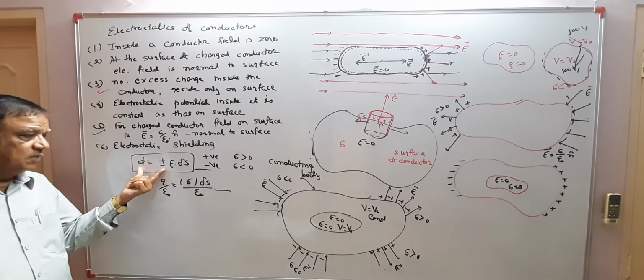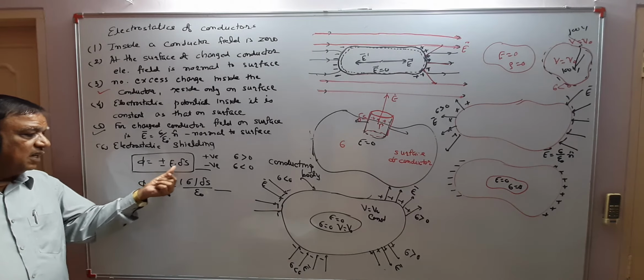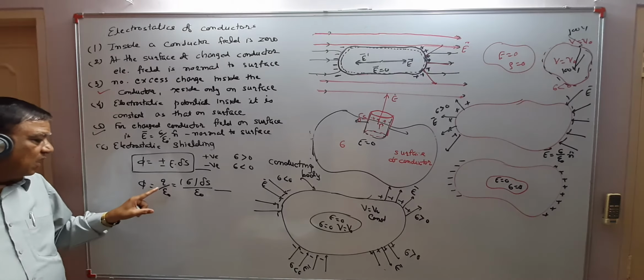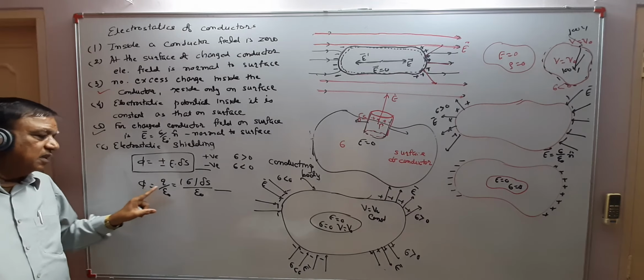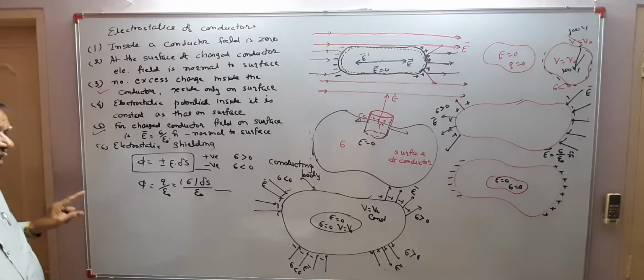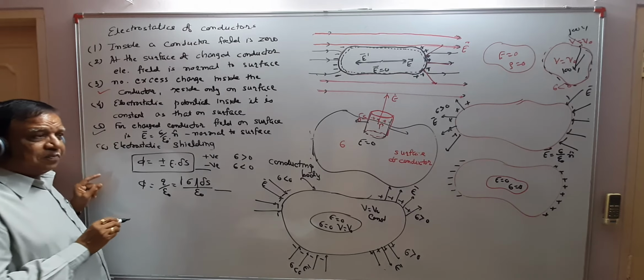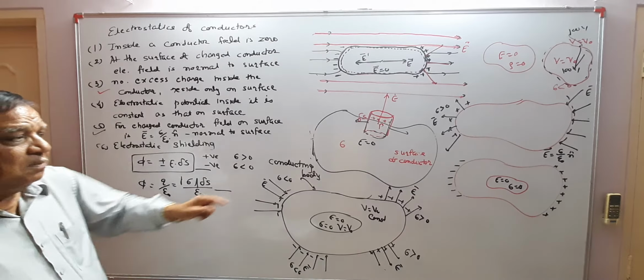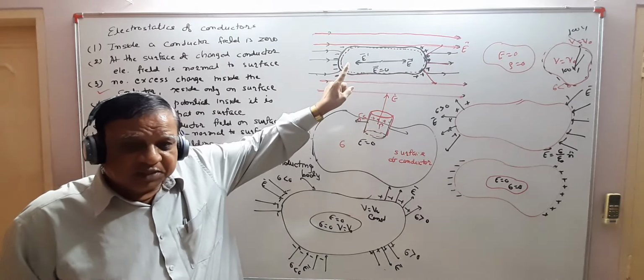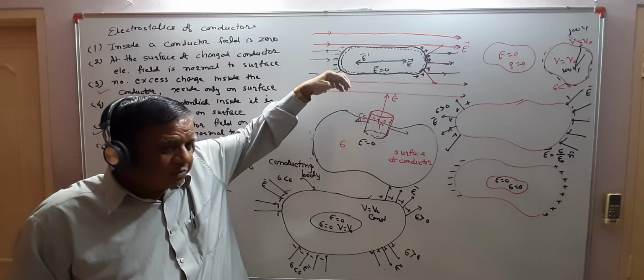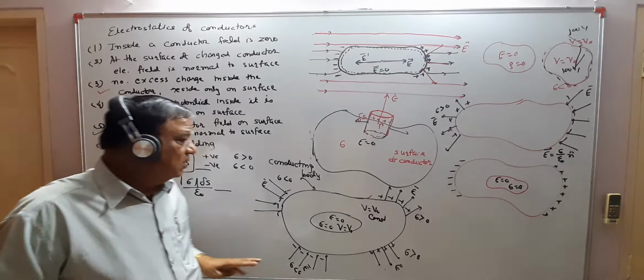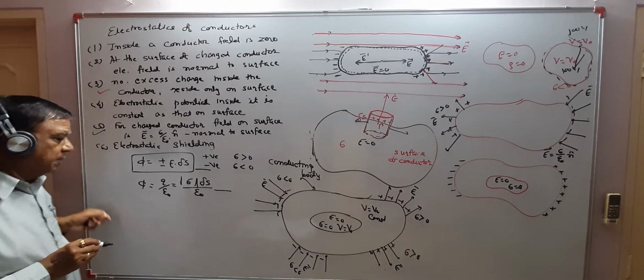According to the first, the flux is plus minus E del S; if we take only the positive case, it is E del S. For positive density the field is outwards, for negative it is inward, so we can consider both cases.